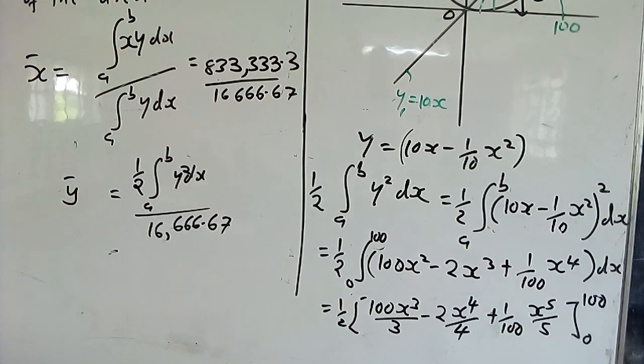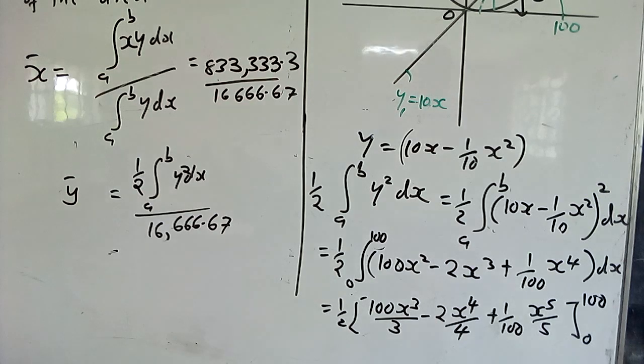Good. Substitute those limits. When x is 100, just put 100, then you go a half into 100 cubed over 3 minus 2 times 100 raised to power 4 over 4. Then plus 100 raised to power 5 over 500.